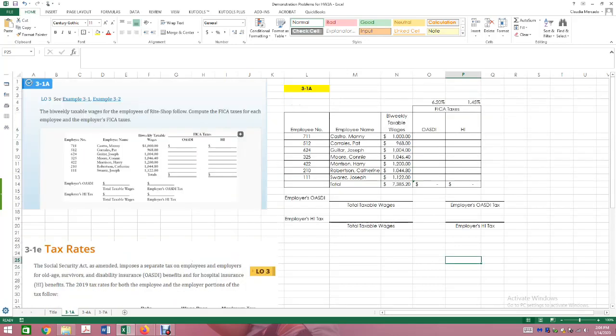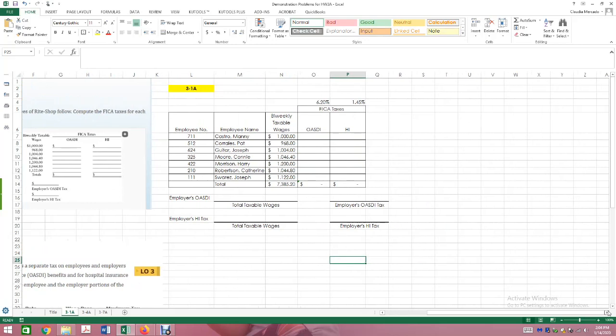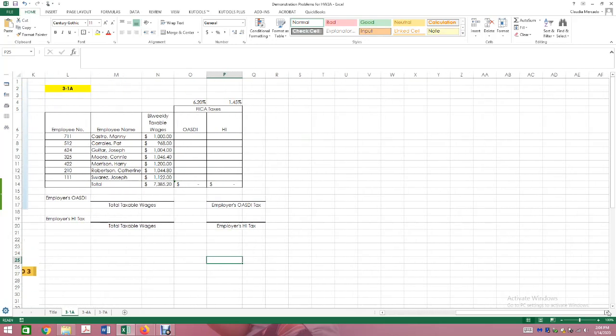Now, having said that, I went ahead and copied this information from the problem into Excel. Here we're asked to calculate the OASDI and the HI for each employee, and then to calculate the OASDI and the HI taxable wages and tax for the employer.